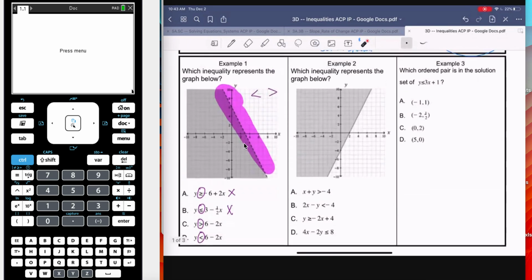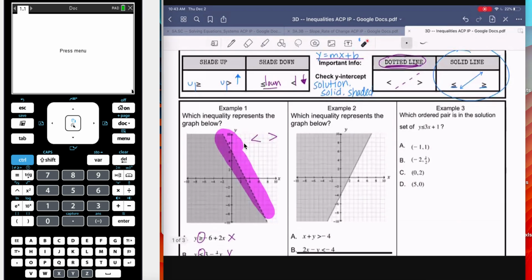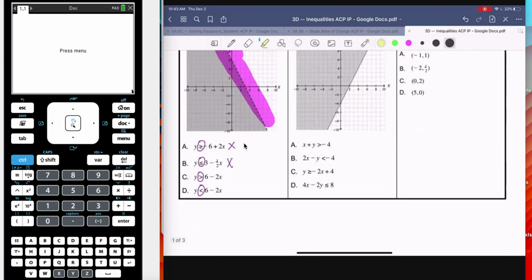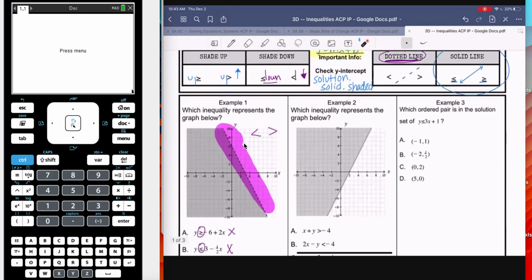If I want to use my trick that I mentioned at the beginning, I'm going to check, first of all, is this in slope-intercept form? Both of these are in slope-intercept form, because y is all by itself. So I can take a look and see, is this where the solutions are, is it shaded up or is it shaded down?